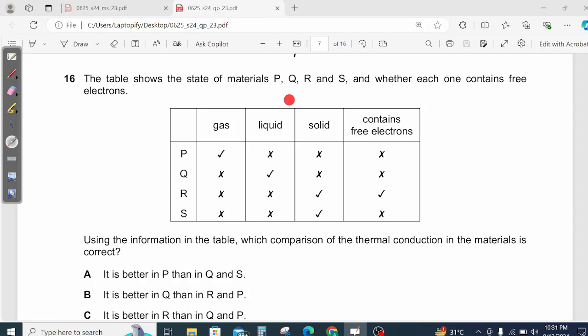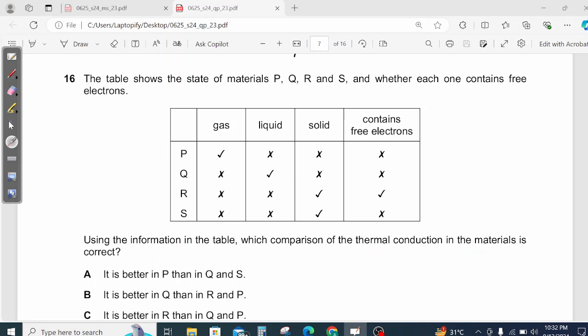These are different types of matter, and the availability of free electrons is shown in a column. Using the information in the table, which comparison of the thermal conduction in the materials is correct?